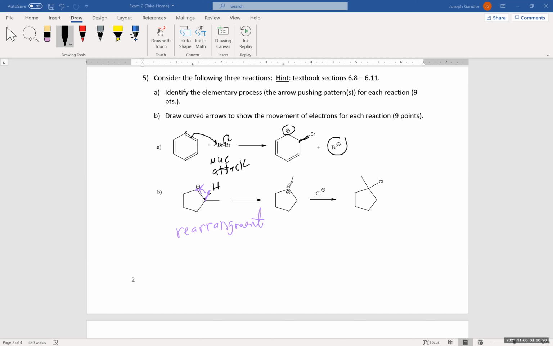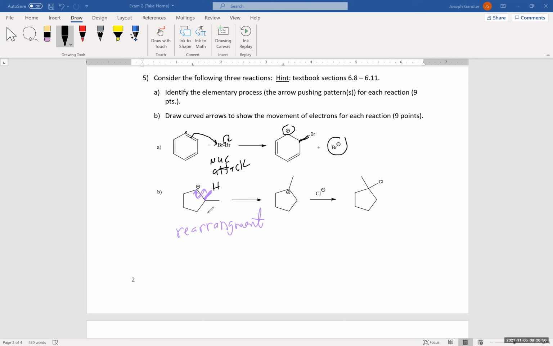It looks like the methyl moved, but if the H with the electrons move, then the positive charge ends up on the carbon with the methyl, right? See that? Let me erase that and redraw it so you can see it more clearly. So you have this C-H bond, and the H with the electrons are moving.